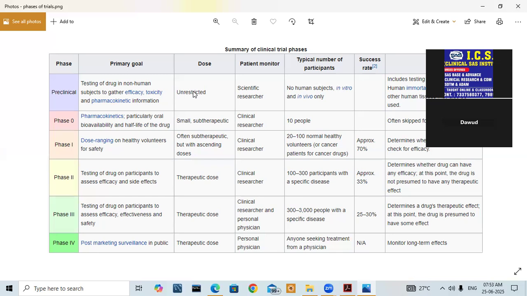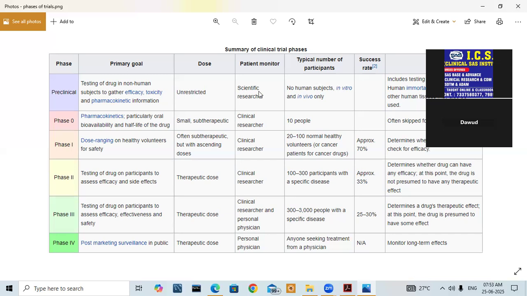Like that, for preclinical studies there is no fixed dose, because here we don't know anything about the drug. We don't know whether this drug is safe or not, or how much has to be given to the patient. So we are giving the drug freely. How much drug is to be given is not fixed in the preclinical studies.